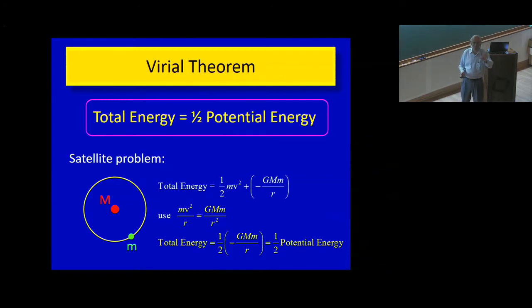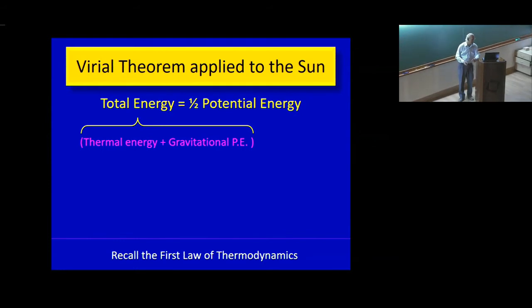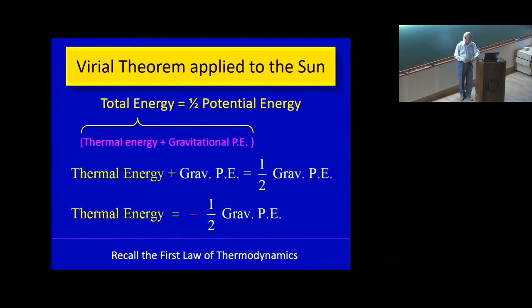Now let us apply this to the sun. The total energy of the sun is the sum of the thermal energy of the particles that constitute the sun plus the gravitational potential energy. Therefore, the Virial Theorem says that the sum of the thermal energy of the particles plus the gravitational potential energy of the sun must be equal to 1/2 the gravitational potential energy of the sun.